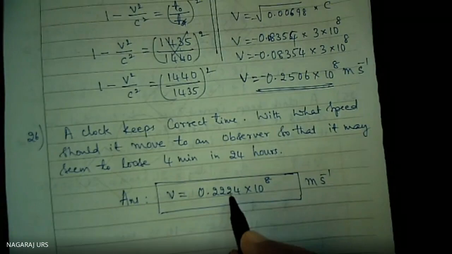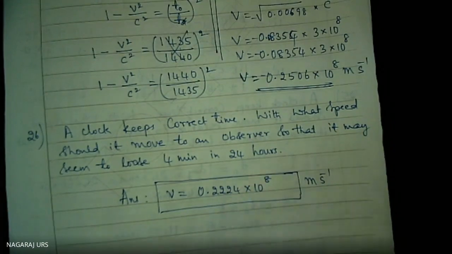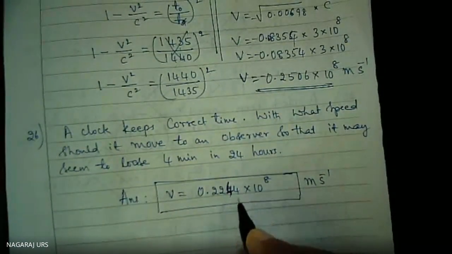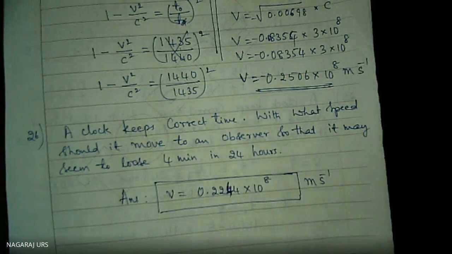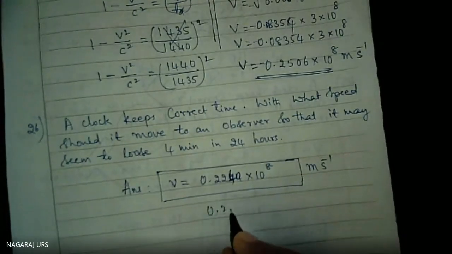No, third decimal is 4. Others, you check it up. Previous step, you see that? 224, 224, okay. Yes, right, okay. So 0.224.